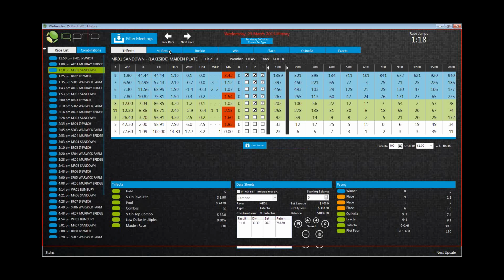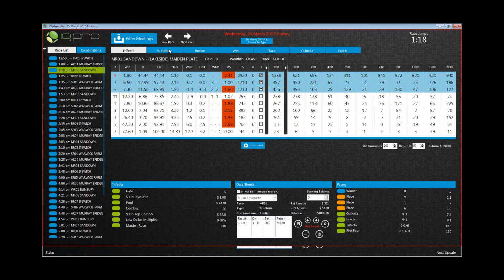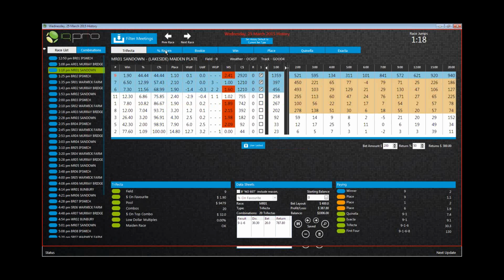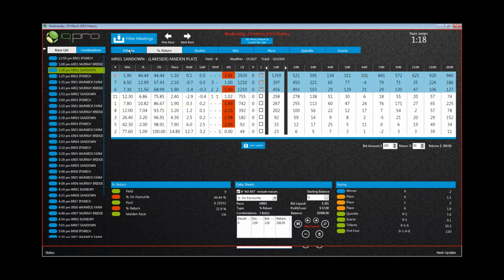If we go into percentage return, the money gap in this instance isn't quite as big, so that tells us that over the last 5 intervals, maybe the amount of support for the favourite isn't building like it was earlier.